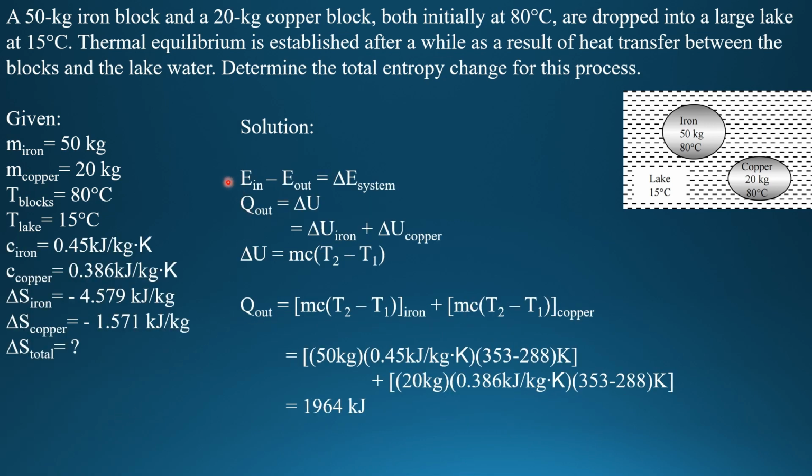Here, we have the energy input minus energy output equal to the change of energy of the system. Since we don't have work, kinetic, and potential energy here, we don't put them in our equation. So the heat output is equal to the change of internal energy, that is also equal to the change of internal energy of the iron block plus the change of internal energy of the copper block.